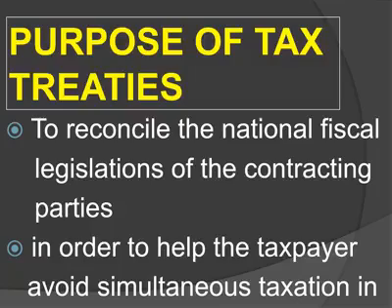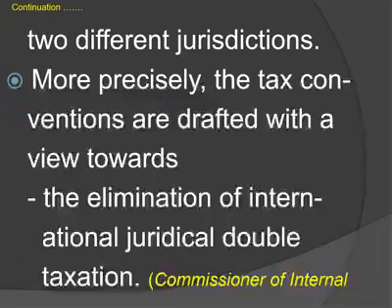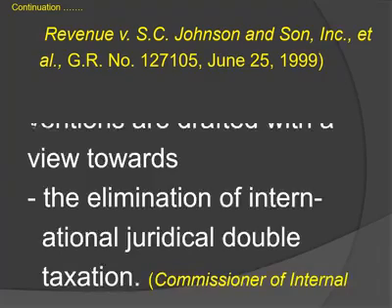The purpose of tax treaties is to reconcile the national fiscal legislation of the contracting parties in order to help the taxpayer avoid simultaneous taxation in two different jurisdictions. More precisely, the tax conventions are drafted with a view towards the elimination of international juridical double taxation.